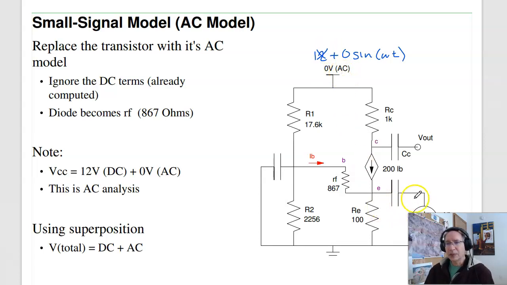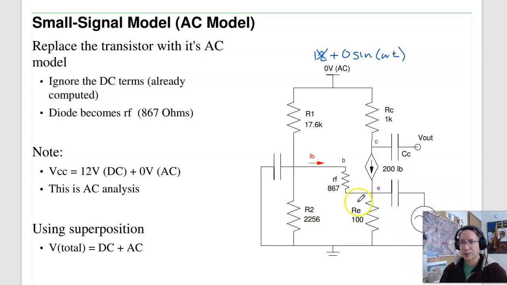And I now want to analyze what the circuit looks like as I go from the input to the output. So what I would do when I draw this, let's start from the input right here. At the input, that takes you to the emitter. The emitter goes to ground through RE.